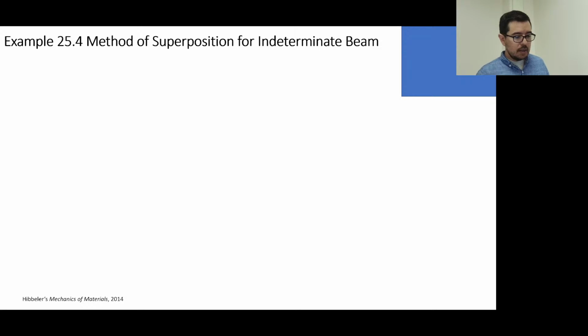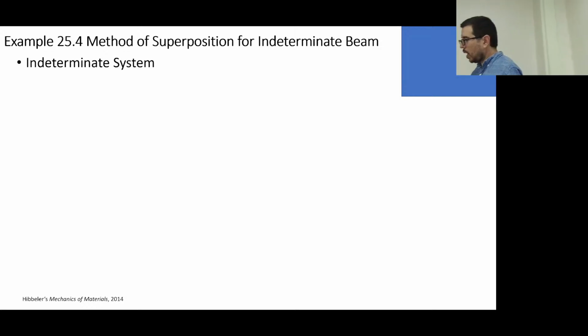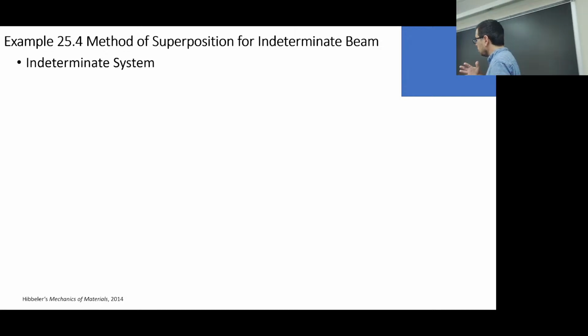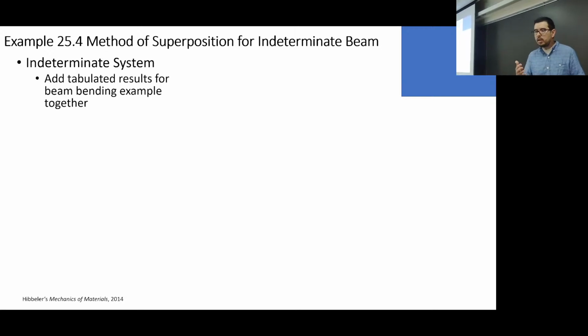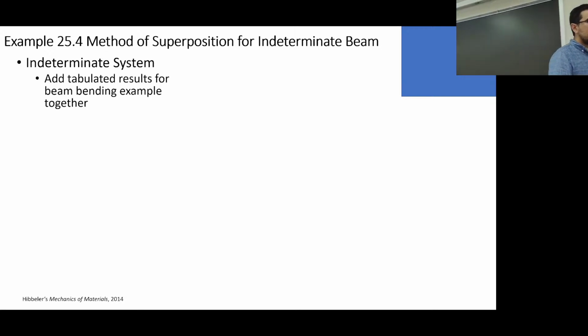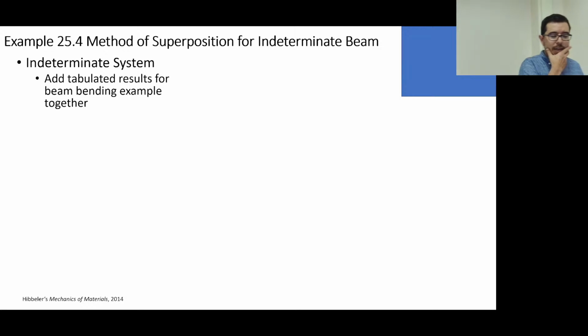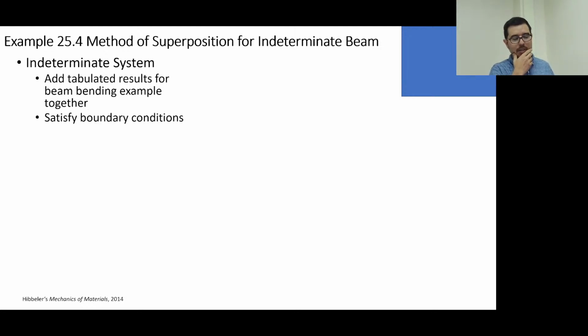Okay. Now, what about using superposition for indeterminate systems, right? So that's the method of integration, which is just to do a lot of math, essentially. And, you know, there's physics there, too. Can we use our tables to help us satisfy boundary conditions?